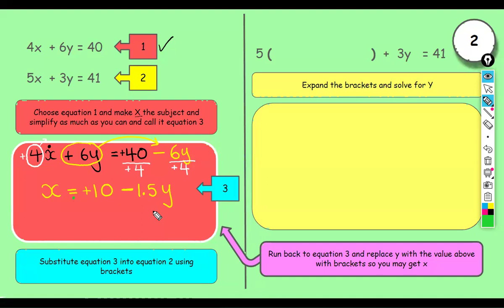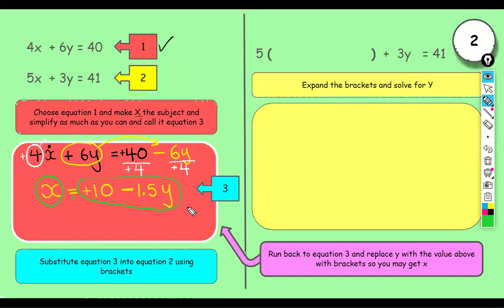But in maths, you're allowed to grab things, throw them away, but replace them with things of equal value. So that means x is the same exact thing as this. In other words, the x is like the $1 and the 10 minus 1.5y is like the 4.25 cents.